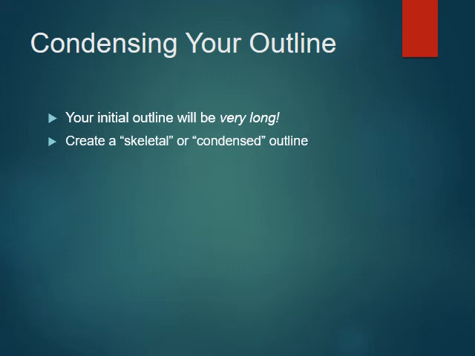And they should maybe be only a page or two long for each course. I then included a condensed outline. And a condensed outline was sort of an in-between the complete outline and the skeletal outline. There, I included definitions and rules, but no cases.